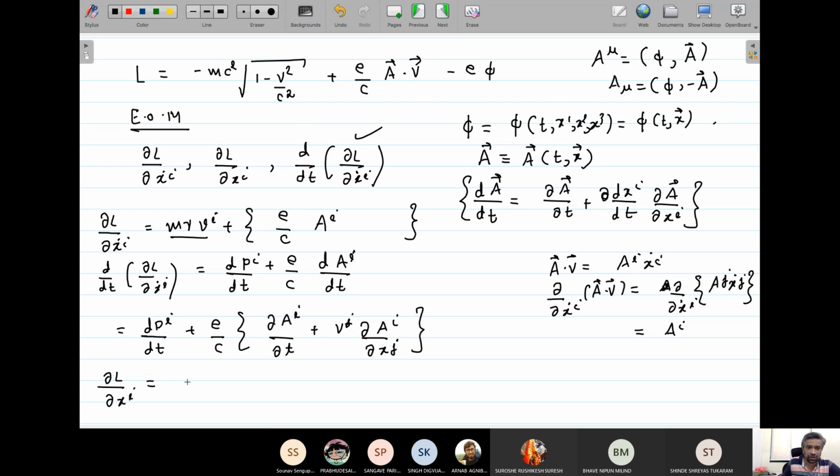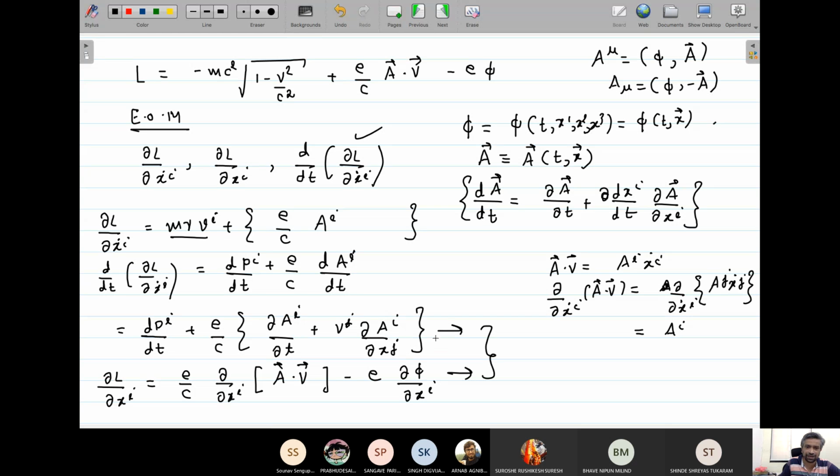So it will be e by c del del x_i of A dot v, minus e del phi by del x_i. Now this equation and this equation we need to simplify.